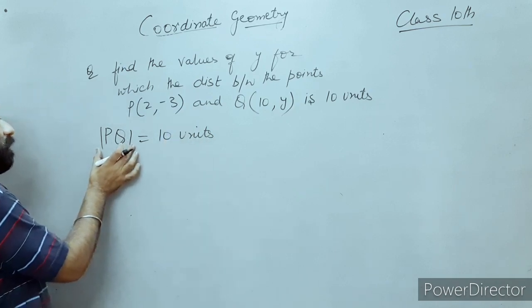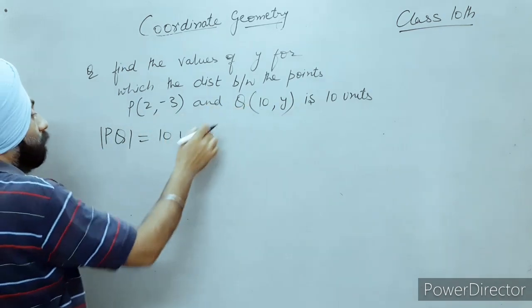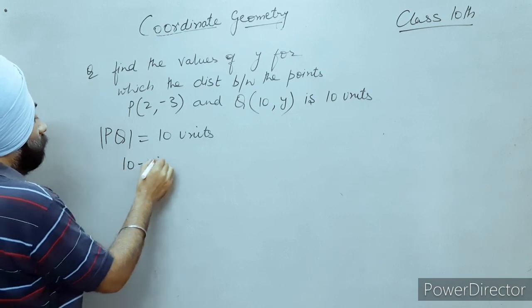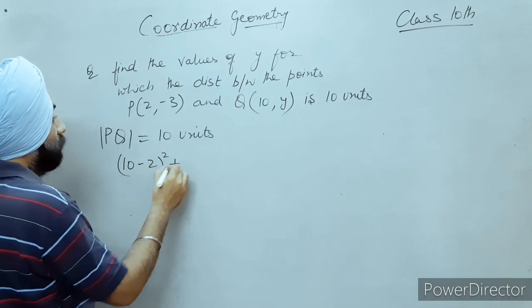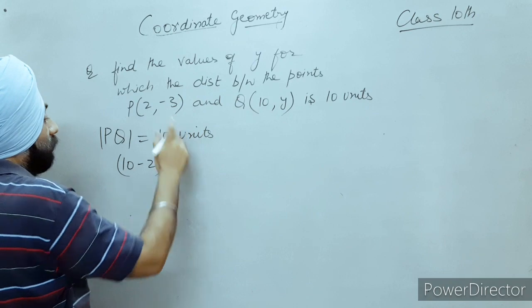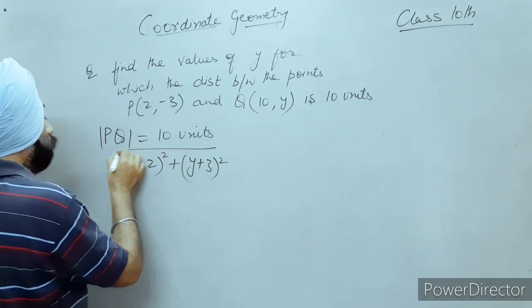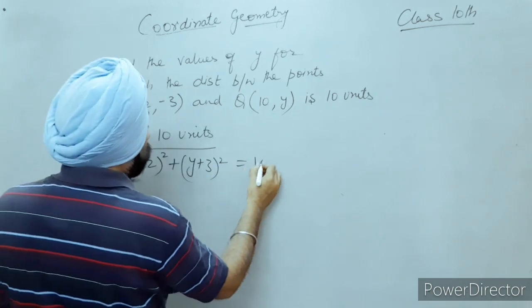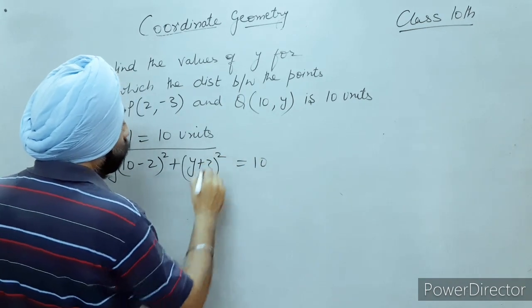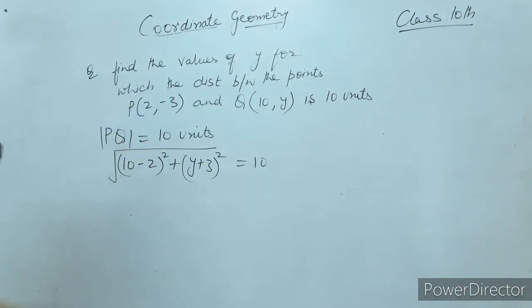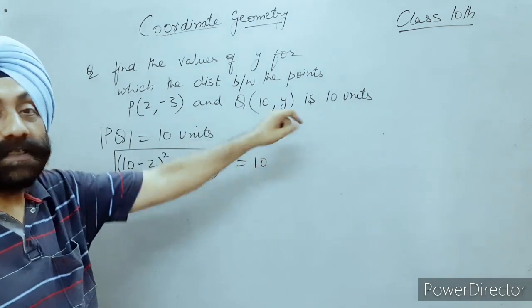Just apply the distance formula on PQ. I get the square root of (10 - 2) square plus (y - (-3)) square is equal to 10. This is given to us: the distance between P and Q is 10 units.